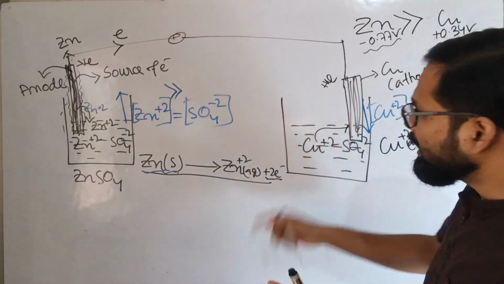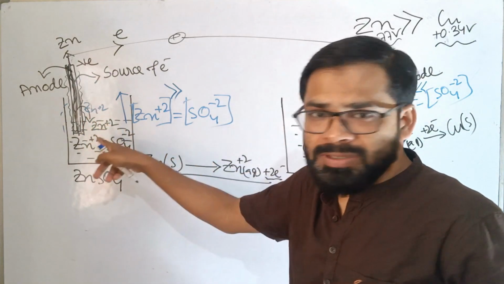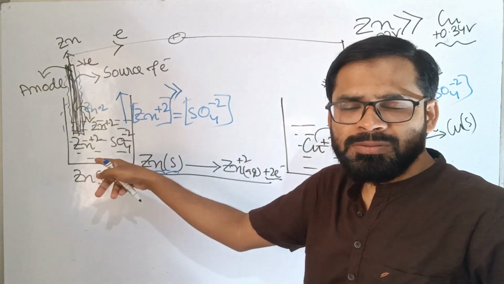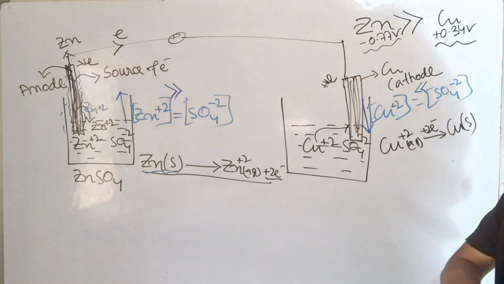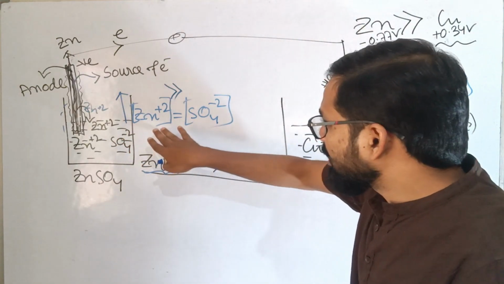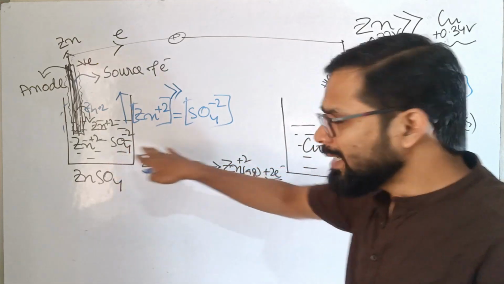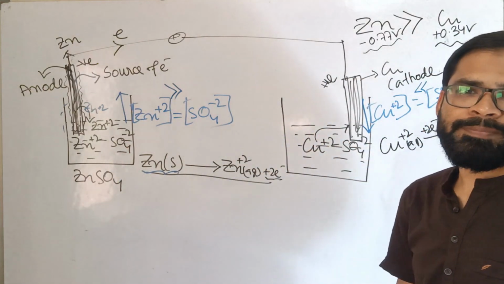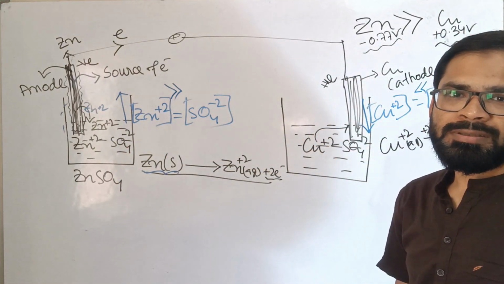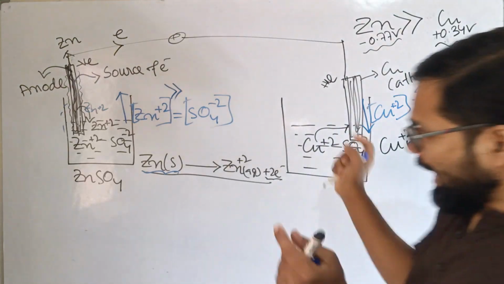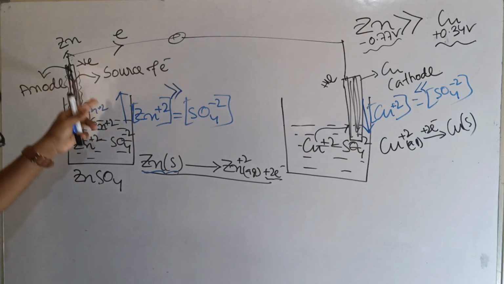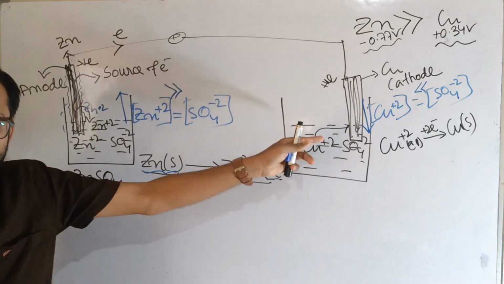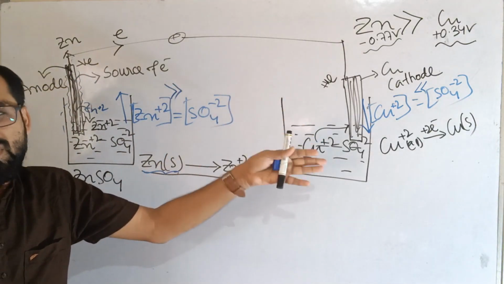Cu+2 to Cu, here Zn+2 to Zn. It means there is a highly positive charge here and a highly negative charge there. Now we have to make this highly positive charge and highly negative charge neutral.